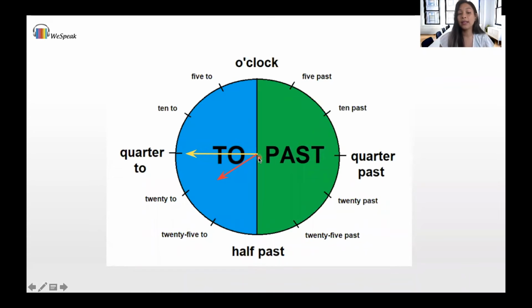We can say it's 8:45, or if we start with the minutes first, 5, 10, 15. But we don't say 15. Do you remember the word? We say a quarter. A quarter to. So it's 8:45 or it's a quarter to 9.